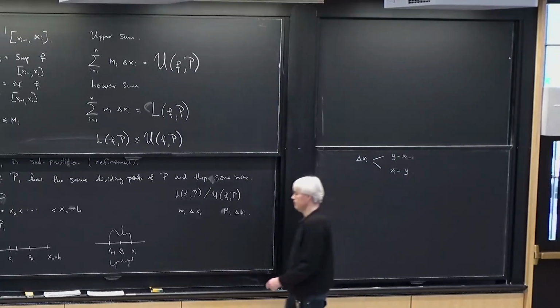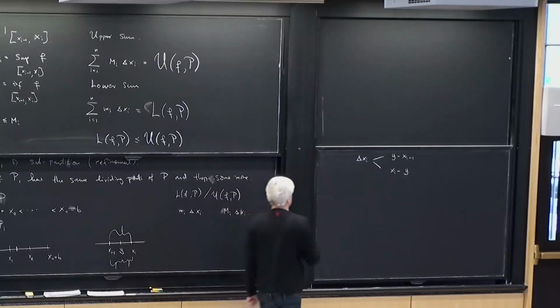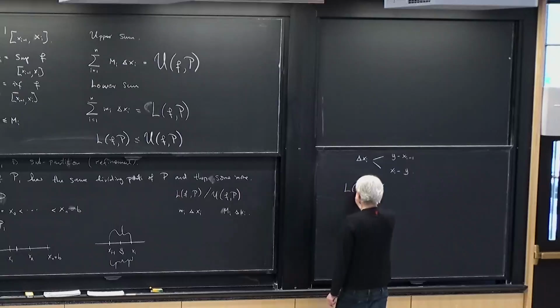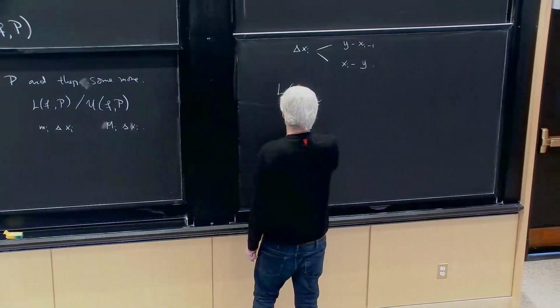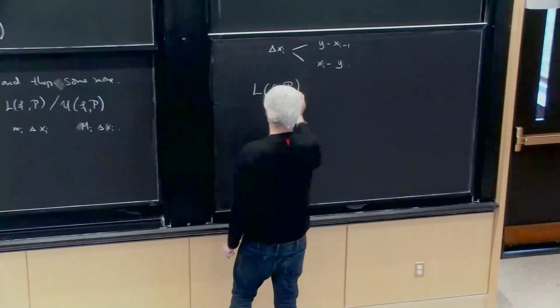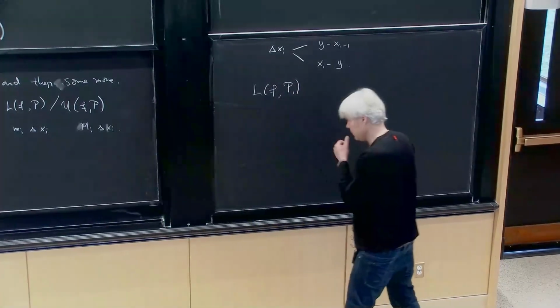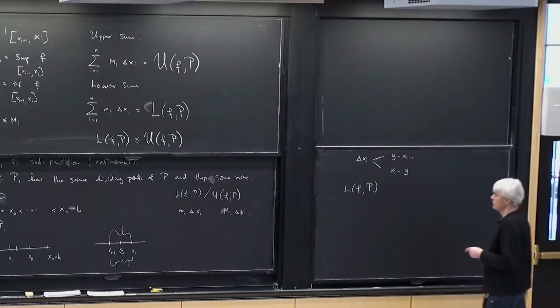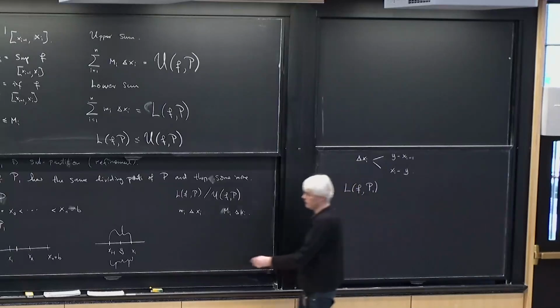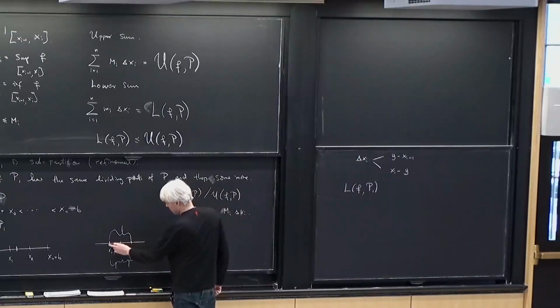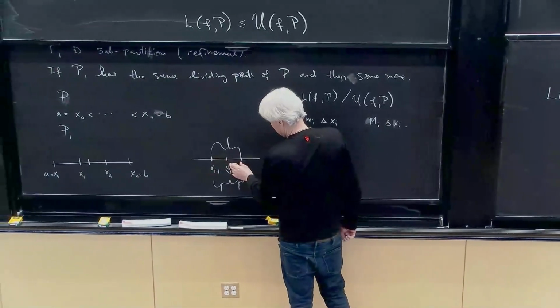Now, if you're looking at, say, the lower sum for this subpartition, the contribution that you get from this here, well, you have two intervals.